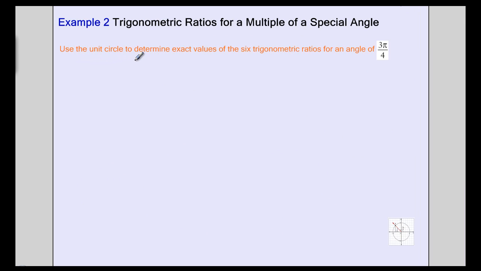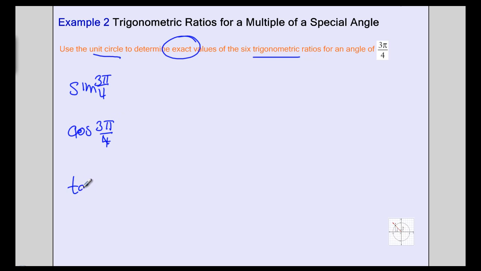This question says, using the unit circle, determine exact values of the 6 trig ratios of the angle 3 pi over 4. Well, the 6 trig ratios are the following: sine of 3 pi over 4, cos of 3 pi over 4, and tan of 3 pi over 4.